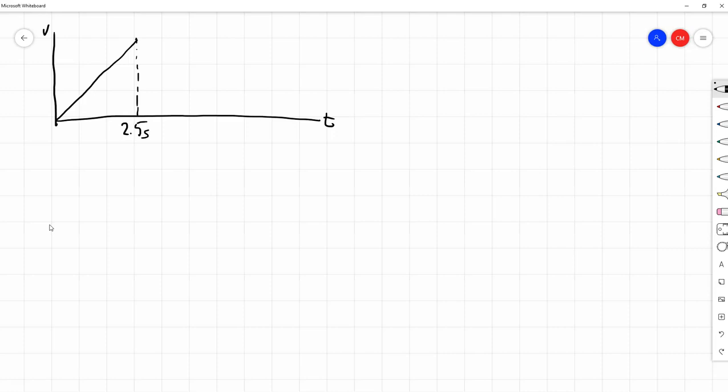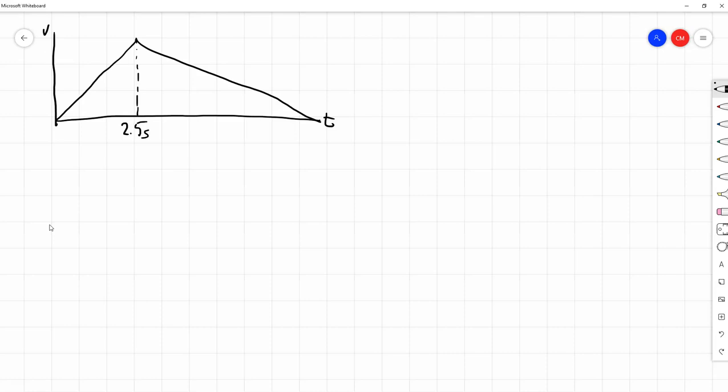Then what happens to the rocket? It's going to accelerate, but in the opposite direction. It's going to slow down, which means you're going to get a slope that looks like this. At that point right there, when the velocity is 0, where is the rocket?